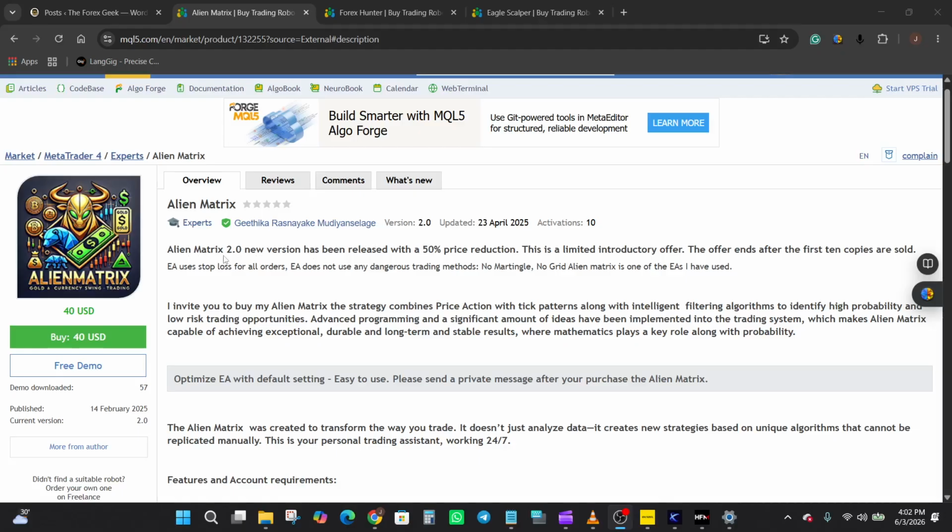Version 2.0 seems to be the version with the 50% price reduction, and it was updated on April 23rd, 2025. I can also see it has 10 activations, so that's something to keep in mind depending on how many devices you plan to run it on.